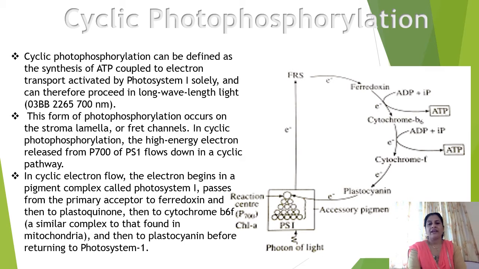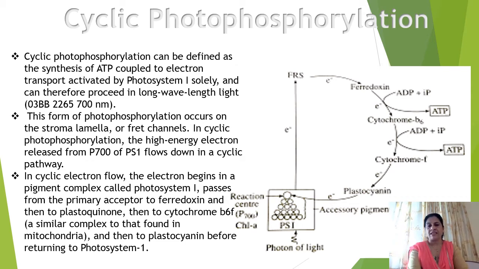FRS donates electron to ferredoxin. Ferredoxin further donates electron to cytochrome B6. During this process, the energy of the electron is trapped by ADP and ADP becomes ATP. Cytochrome B6 transfers electron to cytochrome F, where again the remaining energy of the electron is trapped by ADP and converted into ATP.